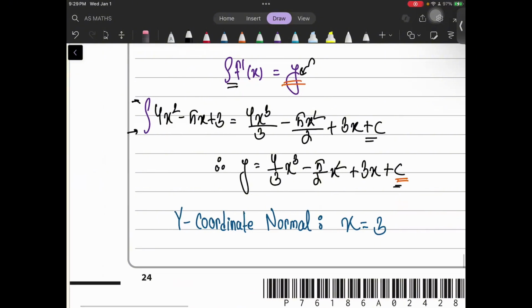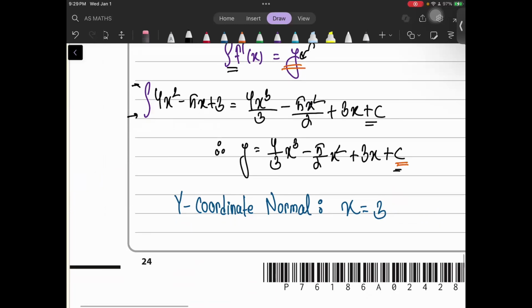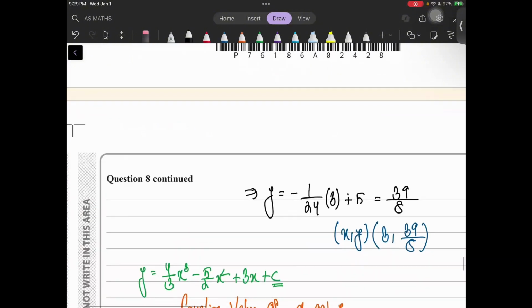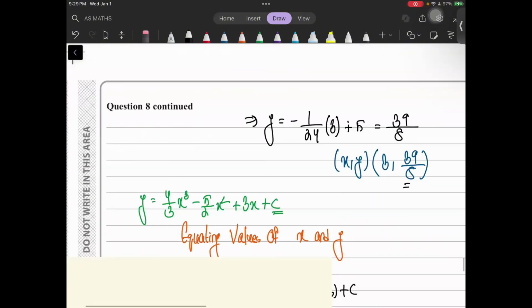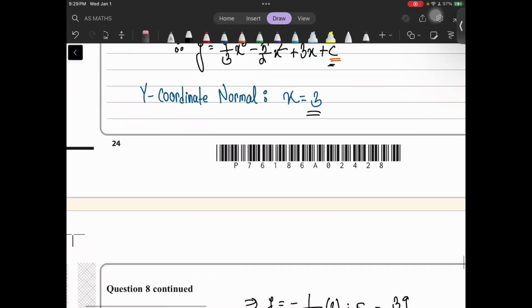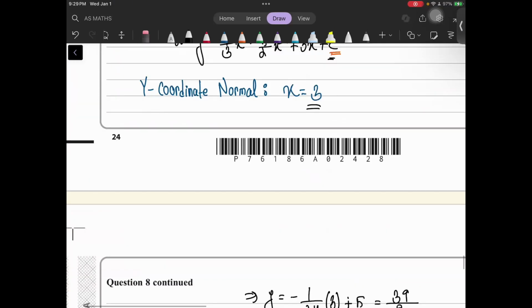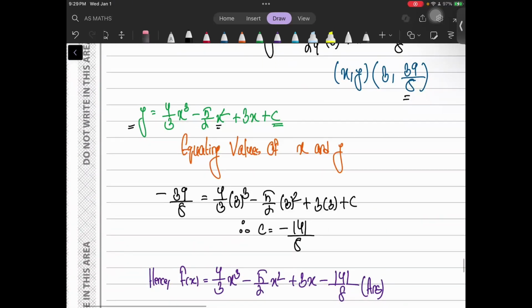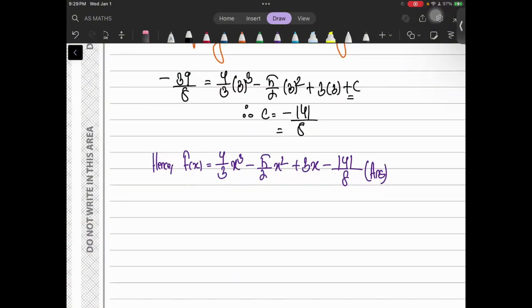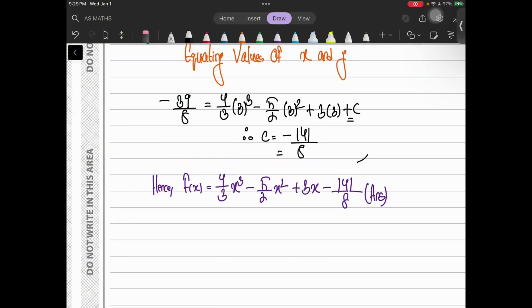You need to get rid of this constant, and as I said, if you plug the value of x equals 3 in that normal equation, you get a corresponding value of y. Now if you substitute the value of x and the value of y in the equation that you obtain from the integration, then you can find the value of c, and the value of c is going to be minus 141 by 8. Now you put this value of c back into this equation and you receive an equation that looks something like this.